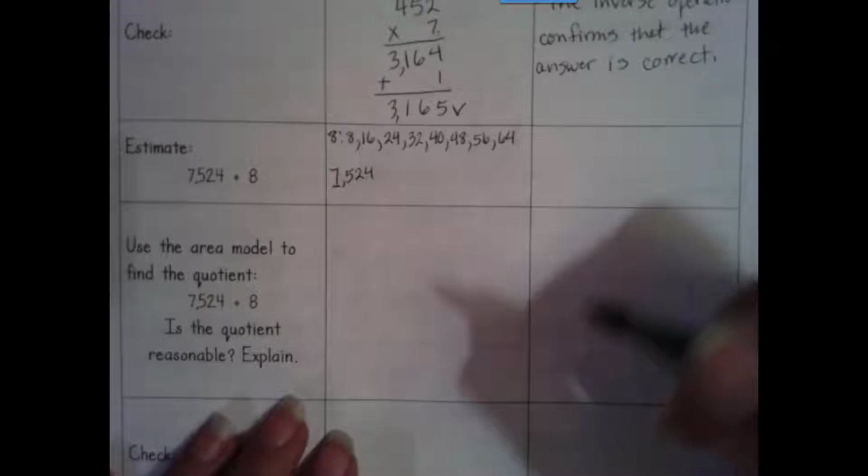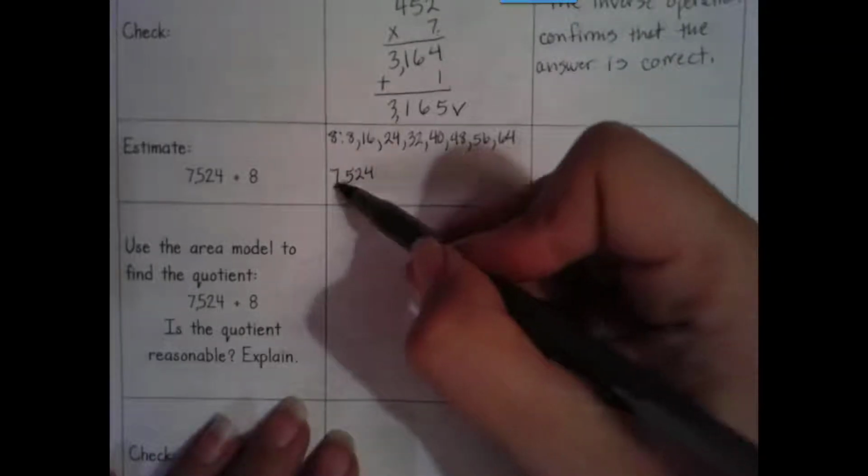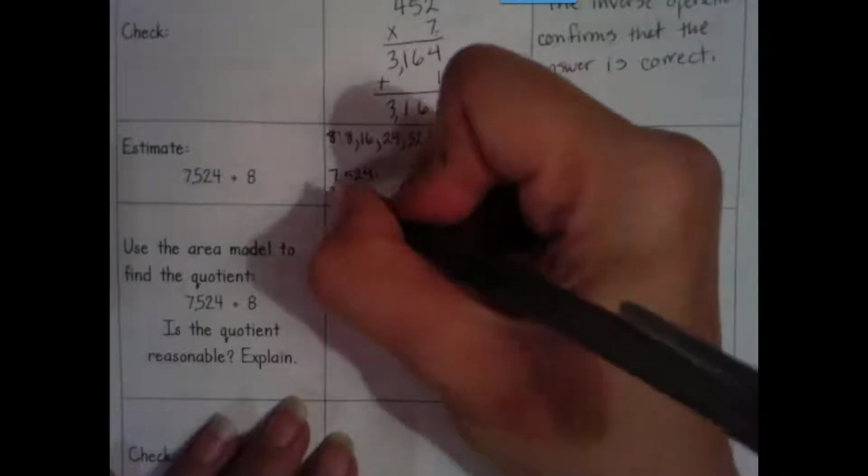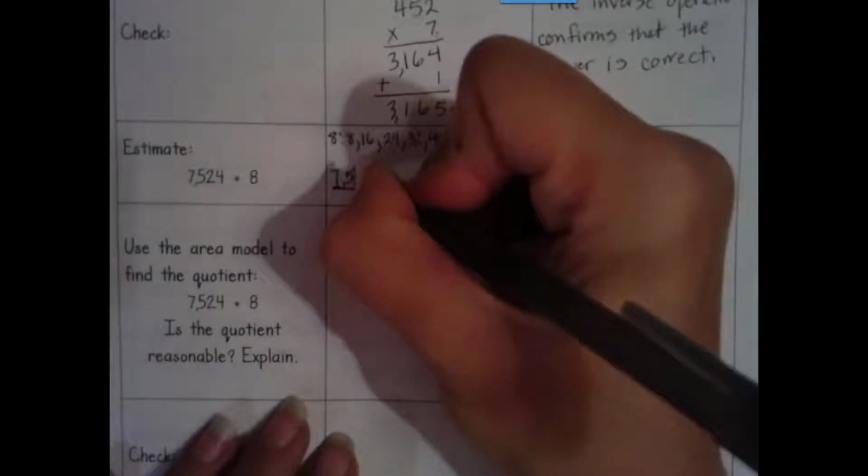So we're looking at 7,524. We look at the digit in the largest place. It's 7. Is 7 greater than 8? No. So I'm going to look at the first 2 digits then. 64 is 11 away, so that is not very close. So I'm going to need to list some more.